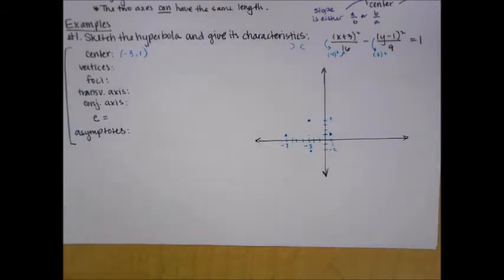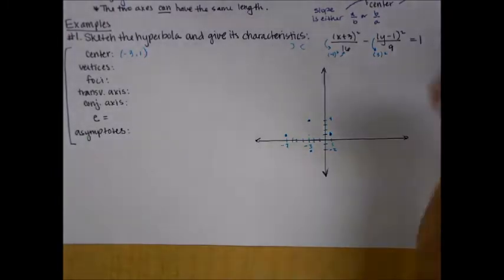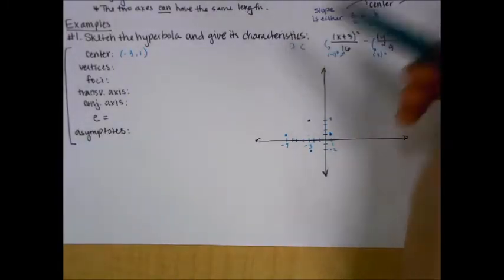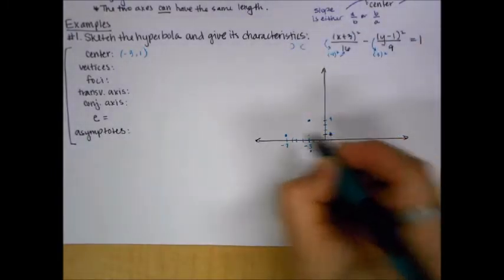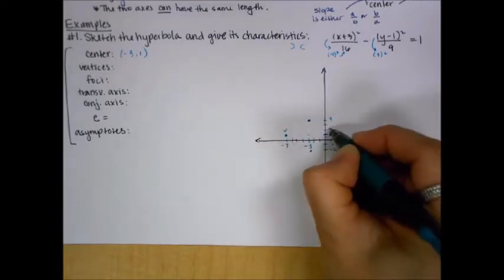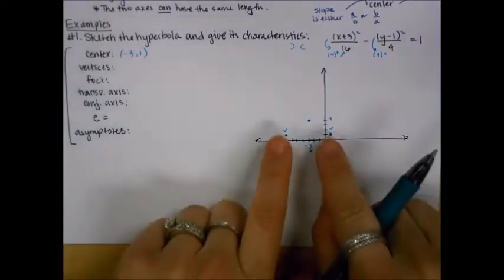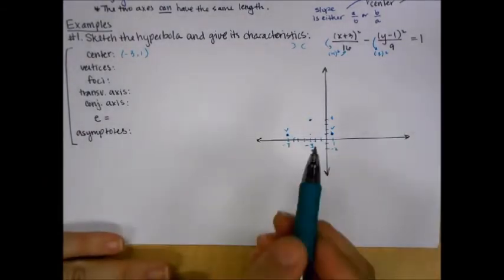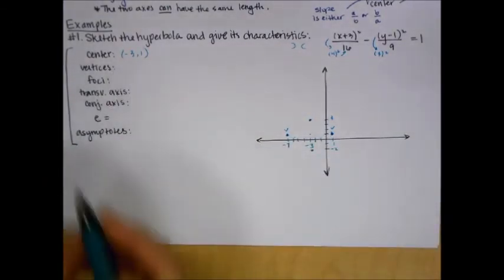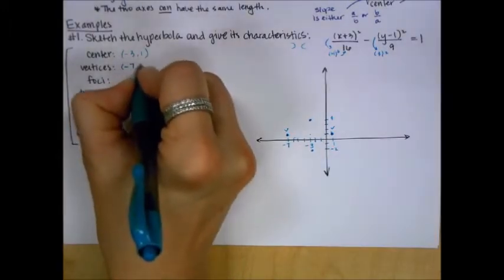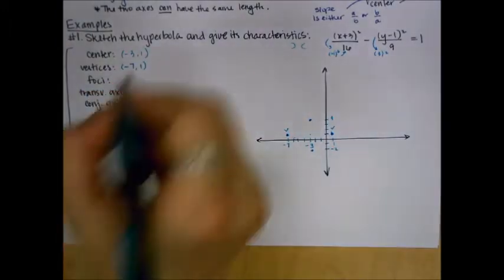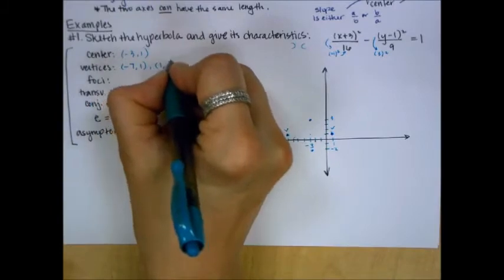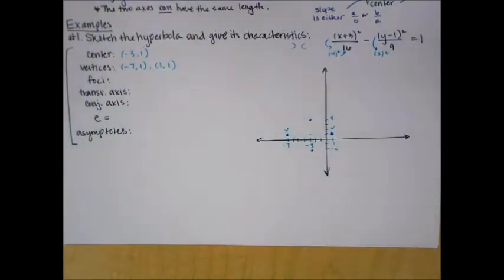I want to remind you that since it's opening left and right, the left and right endpoints here are the vertices. So this is actually where my hyperbolas will start and open up. But before we do that, let's go ahead and mark down the coordinate pairs there: (-7, 1) and (1, 1). And then we'll start drawing our shape by making the box here.